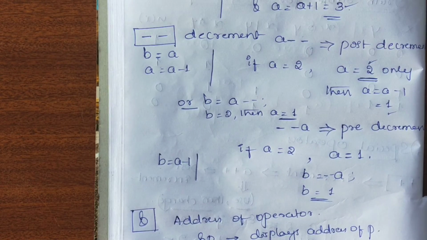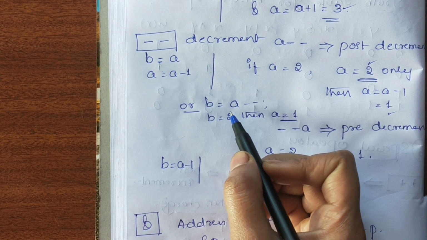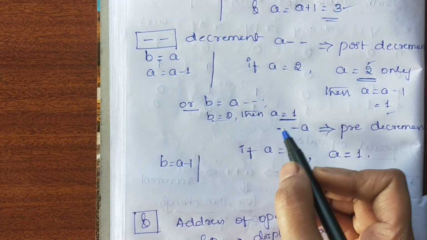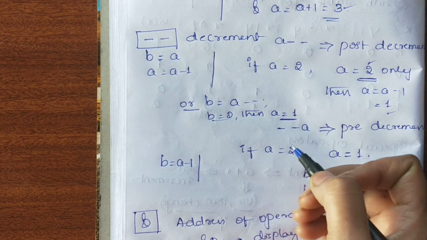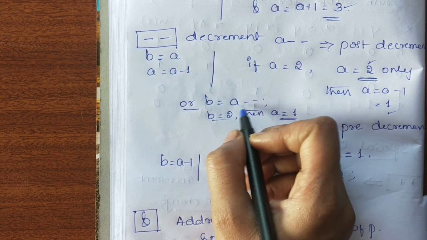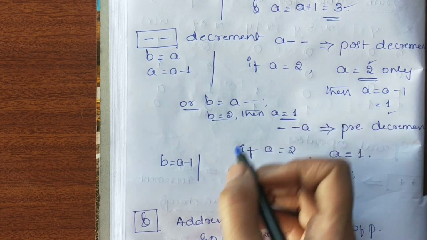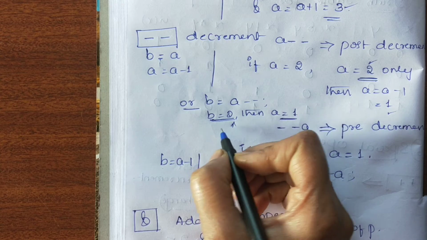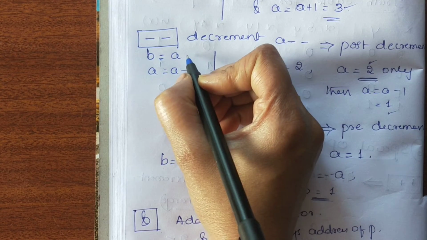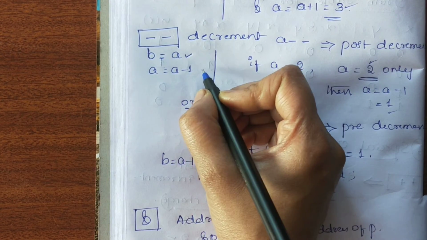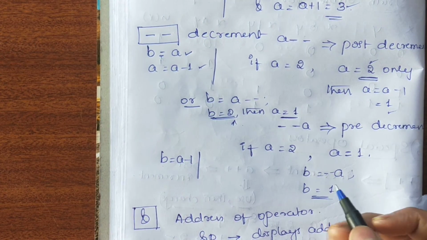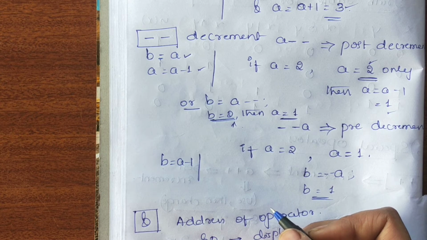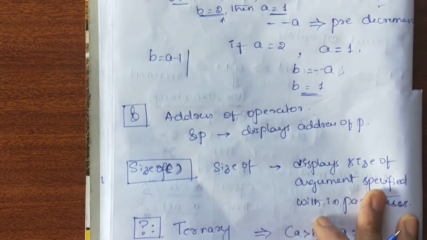Suppose I assign b is equal to a minus minus, then b is equal to 2 and a is equal to 1. So b is equal to a minus minus means we take b value as directly a only. Because b is equal to a first, then a is equal to a minus 1. Like that we should understand. So this is how increment and decrement operators are going to work.